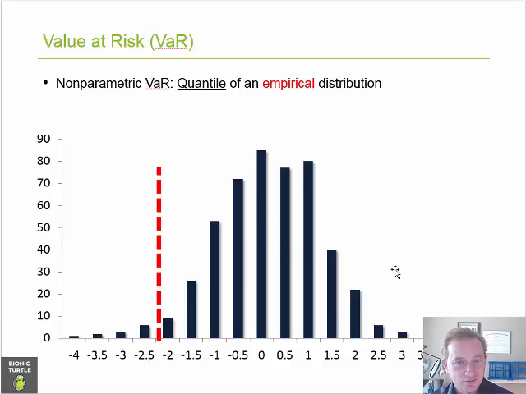But the point here is that this approach is, you can see, it's not smooth, it's not based on a mathematical function, it's based on some collection of actual empirical data. And this does turn out to be the most popular way to approach value at risk among banks currently, among the big banks. There are many variations of this historical simulation, but the key point here is we're using actual data.